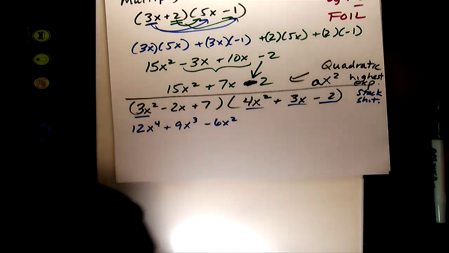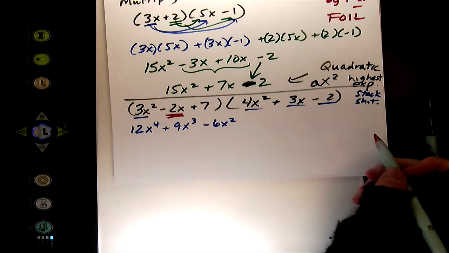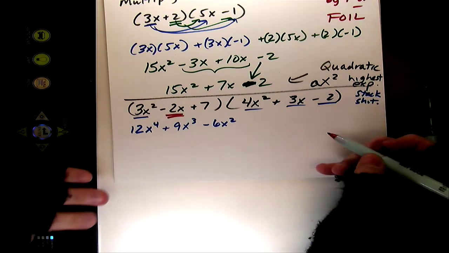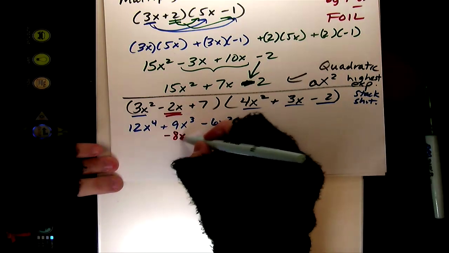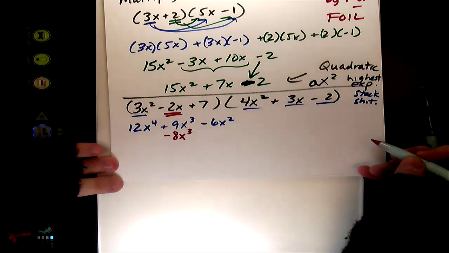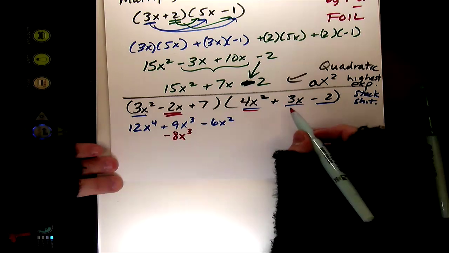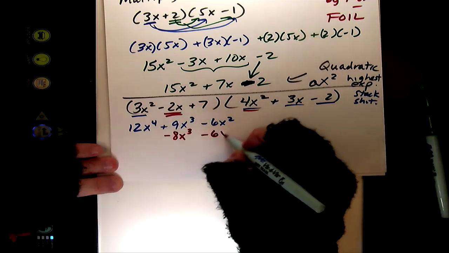Then I'll do the -2x. -2x times 4x squared is going to give me -8x cubed, and I'm going to line that up underneath my x cubes. -2x times 3x is -6x squared. I have my x squared right here, so I'll line that up underneath.